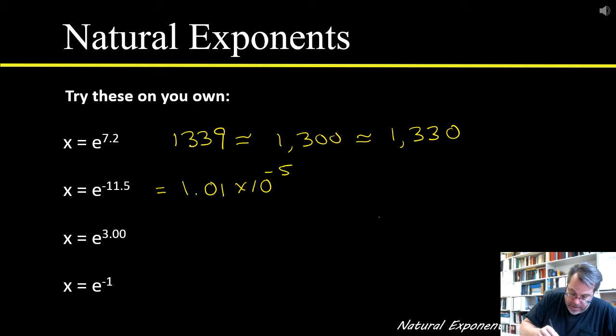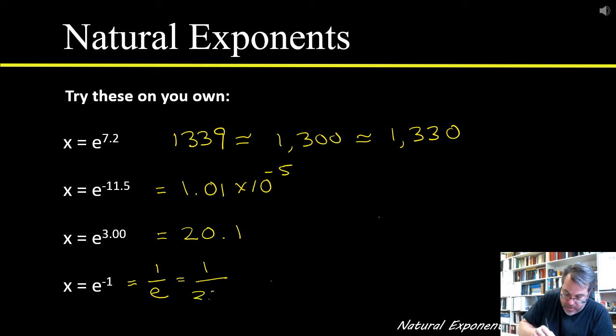E to the 3 is 20.1. And e to the minus 1, what is e to the minus 1? Right? E to the minus 1 is 1 over e, which is 1 over 2.718, so that's going to be a little bit more than a third, and so expect something around 0.3 maybe.